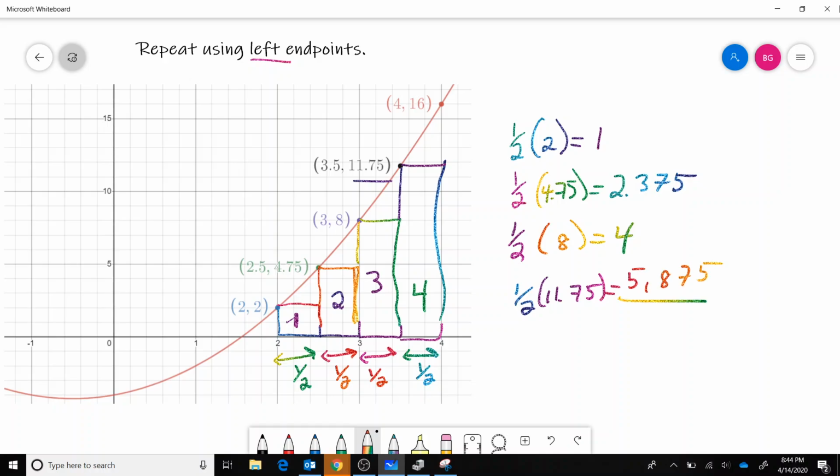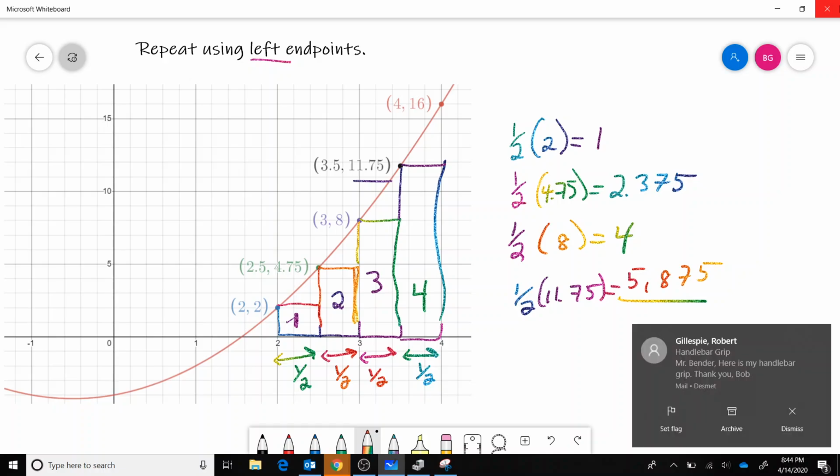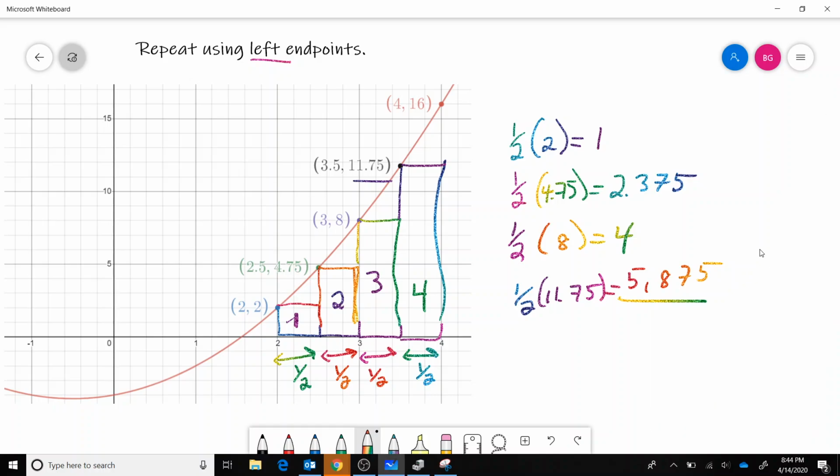If I add up these 4 box areas together, and again, I'm using my calculator here so that I don't make any mistakes, we get an area of 13.25.